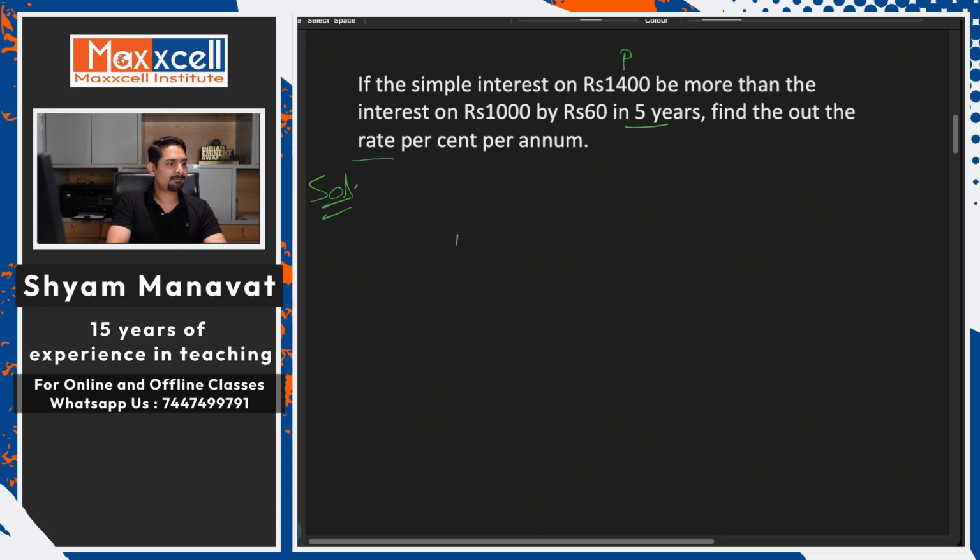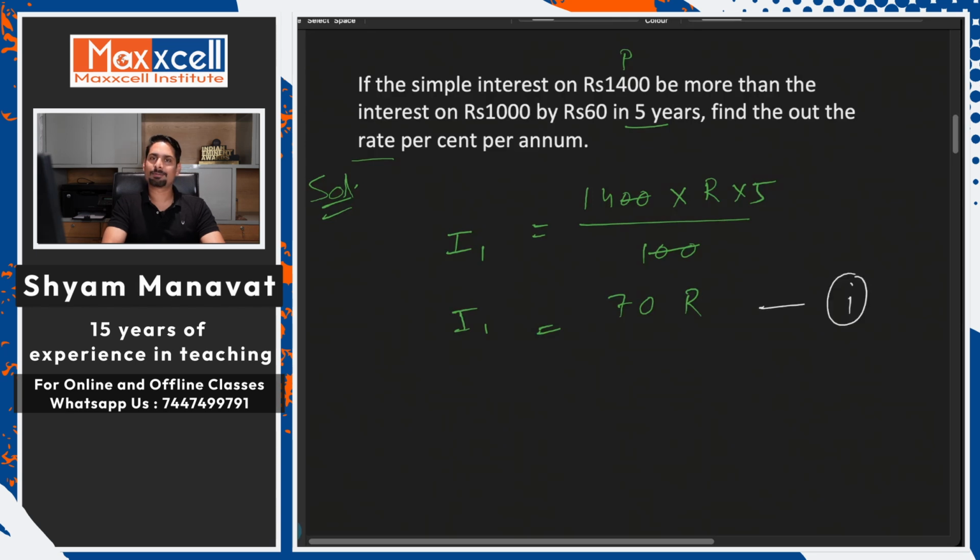Let's say initially we are getting interest I1. So I1 equals principal, which is 1400, times rate of interest, which we need to find out, times time, which is given to be 5 years, divided by 100. Cancel zeros. What do you get? 14 fives are 70, with R. This is I1, interest number 1. Let's call this equation number 1.